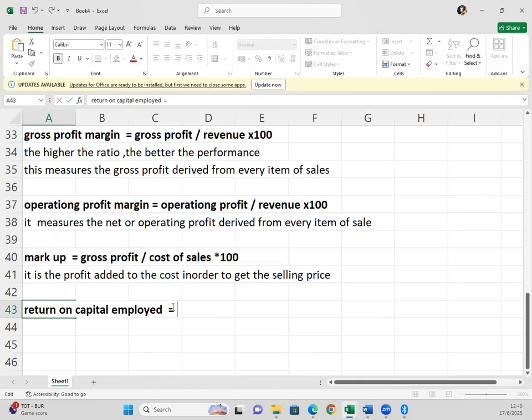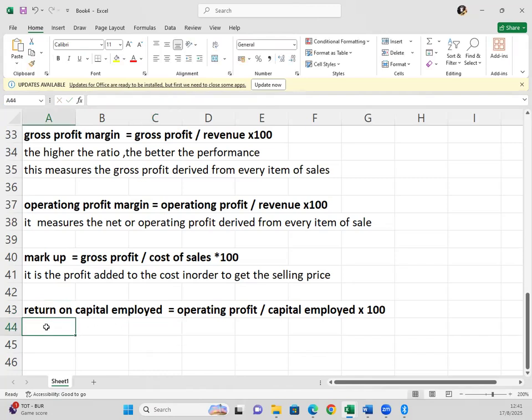So for the return on capital employed, we say the operating profit over the capital employed times 100.